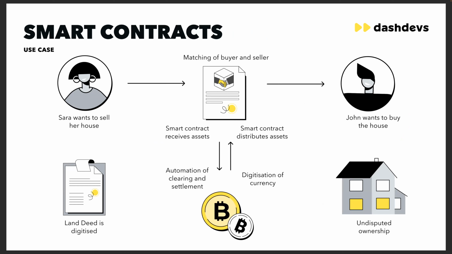Talking about smart contracts, blockchain and distributed ledger can also be used in the operation of smart contracts, which are a series of automatic processes that are executed upon certain specified conditions. So they are not like legal contracts when you need to be signed by two parties and you can interrupt this process and it can be painful, but rather a specified state or set of procedures that will be followed when certain conditions occur.